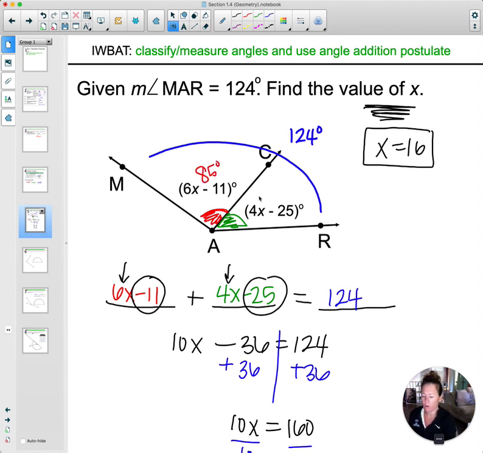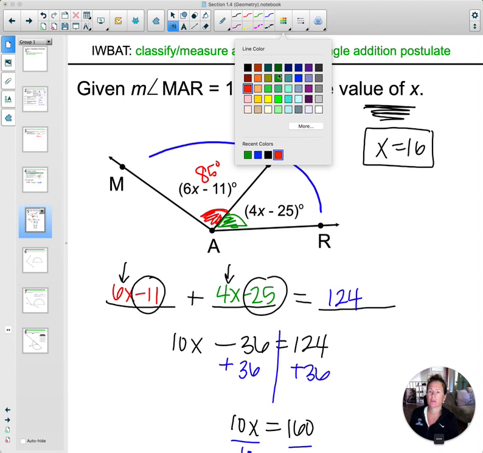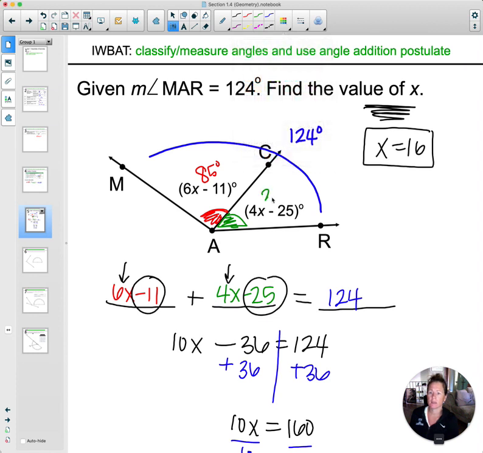And if you do 4 times 16 minus 25, you would get 39 for this angle. And then just quick check, 85 plus 39, is that 124? It is. So then you have a very good indicator that you did the problem correctly.